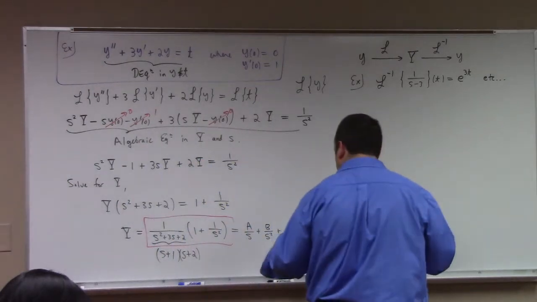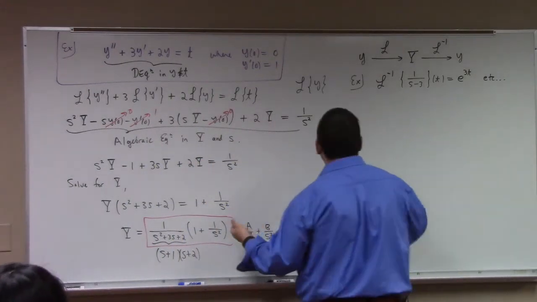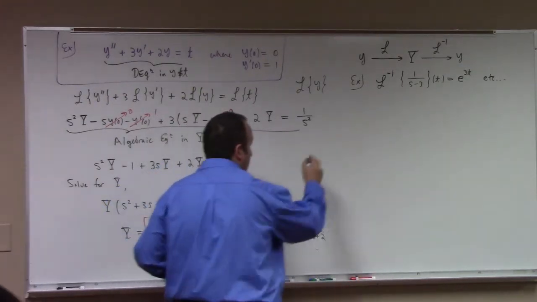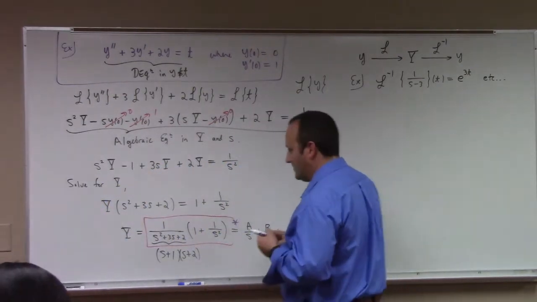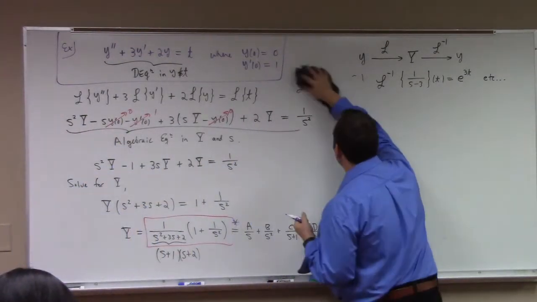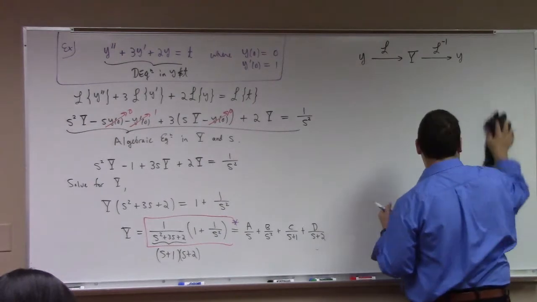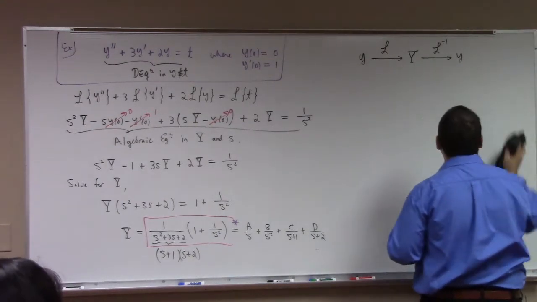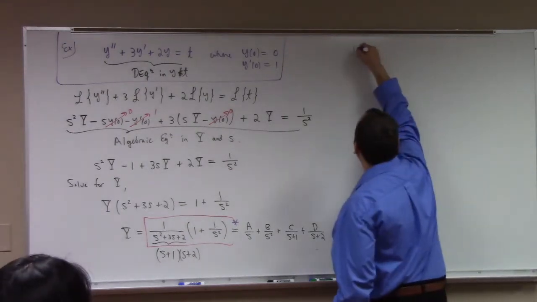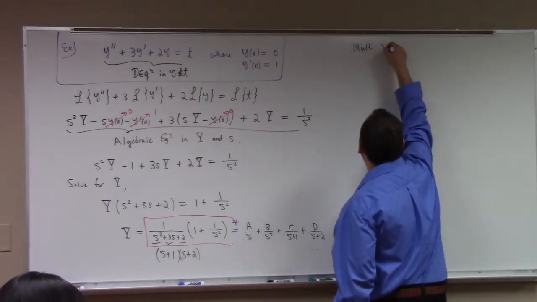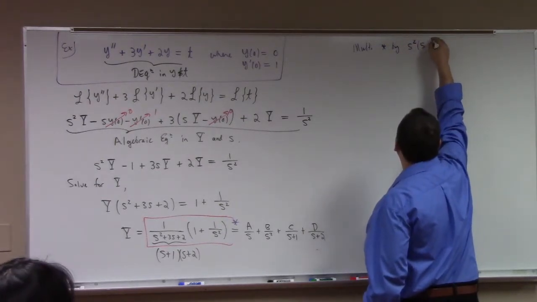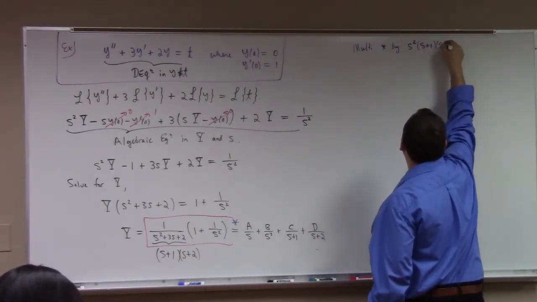So what we do, let me give this thing a name, star. I can erase my silly example of inverse transform up here. Doesn't matter to us anymore. So multiplying star by s squared times s plus 1 times s plus 2.